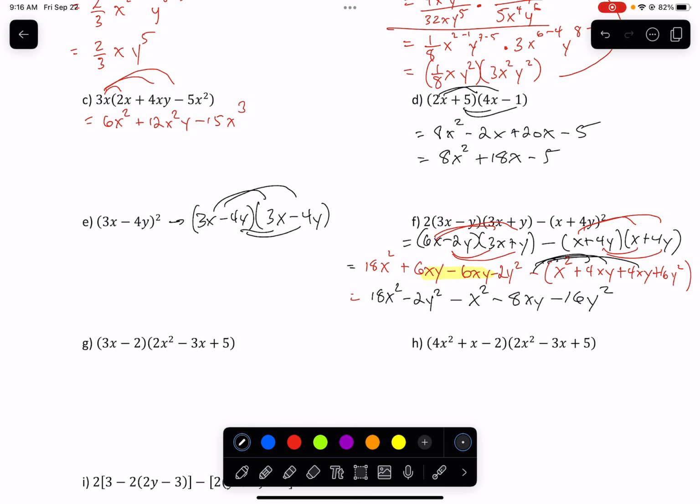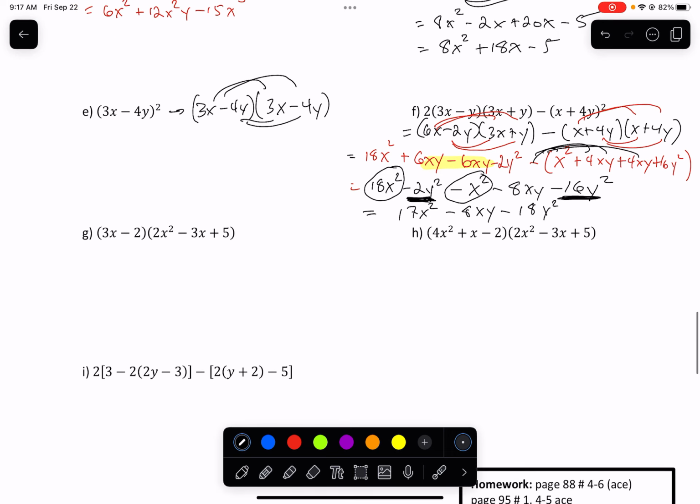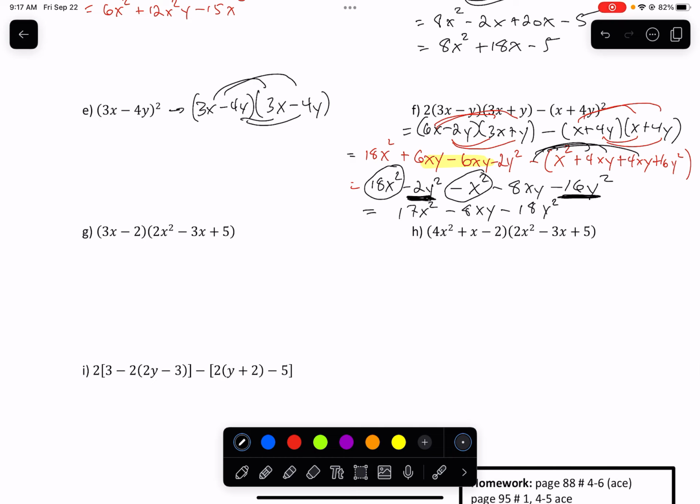Okay. 18x squared minus x squared would be 17x squared. There's no other xy's there, so we're going to have minus 8xy. And then we're going to have the negative 2y squared combined with the negative 16y squared to be negative 18y squared. Okay. I'm not sure if I need to do any more. If I do, I will.